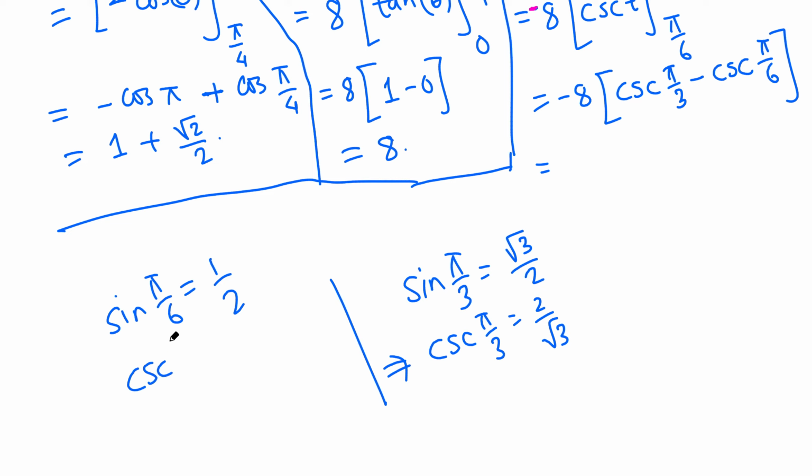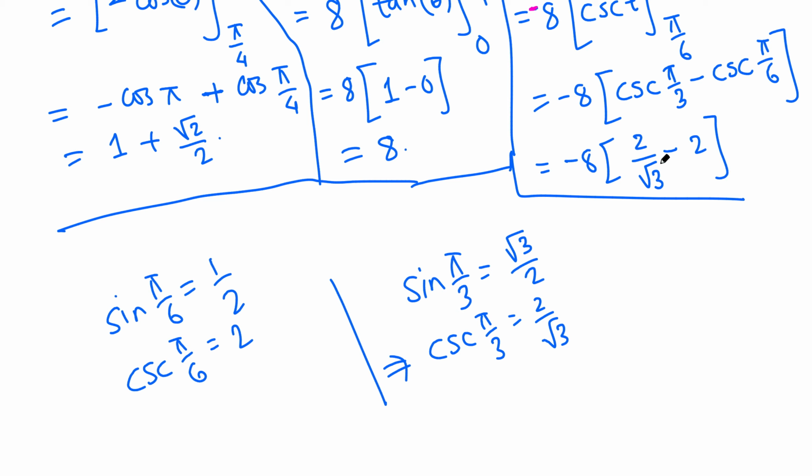That means cosecant pi over 6 is just 2 over 1/2. So negative 8 outside, this is now 2 over root 3 minus this is 2. We cannot simplify, and we may leave it here. Final.